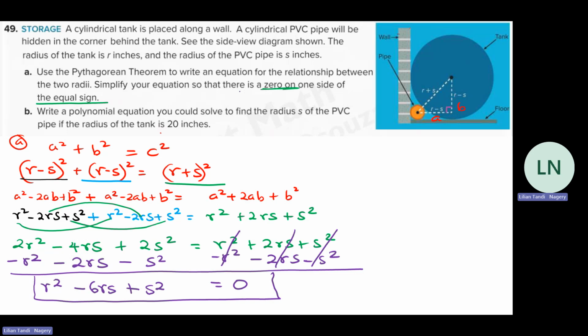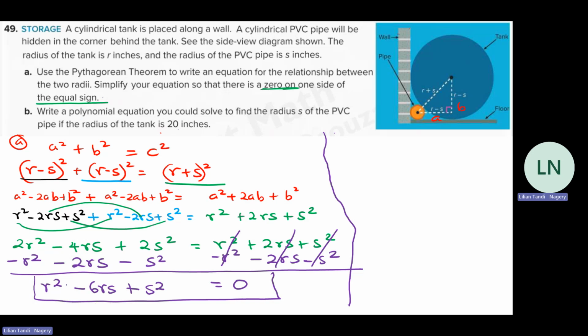Simplify the equation so that there is a 0 on one side of the equal sign. That's how you do that. Now let's do part B. Write a polynomial equation you could solve to find the radius s of the PVC pipe if the radius of the tank is 20 inches.